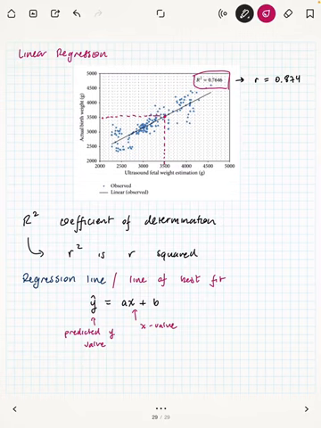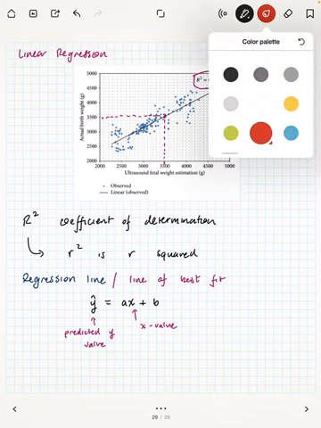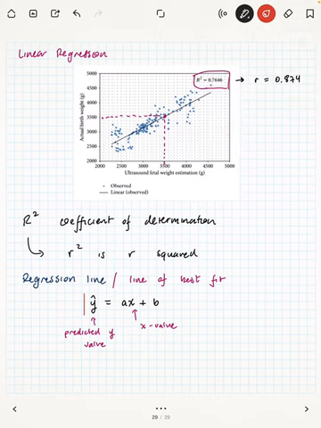So no longer are we talking about bivariate data, but we would be looking at multivariate data with 3 or 4 or 5 or 6, however many components, okay? But this is the regression line template.